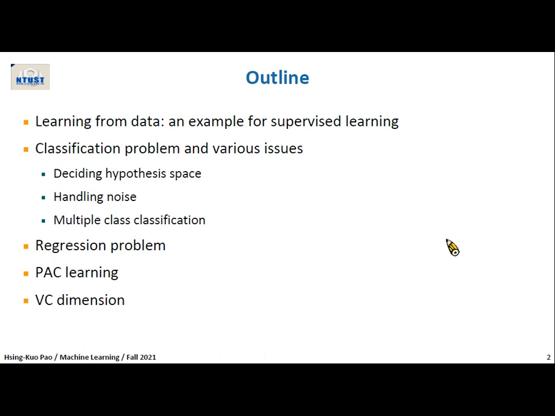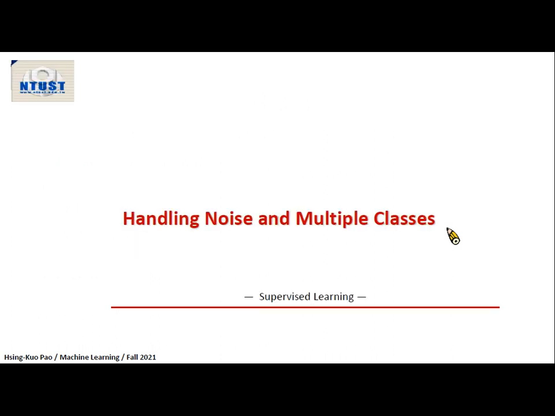So now, given the rectangle hypothesis, what should we be doing if we consider a noise-free situation? Now we consider noise, and also some other situations, such as multiple classes. Then what are we going to do?